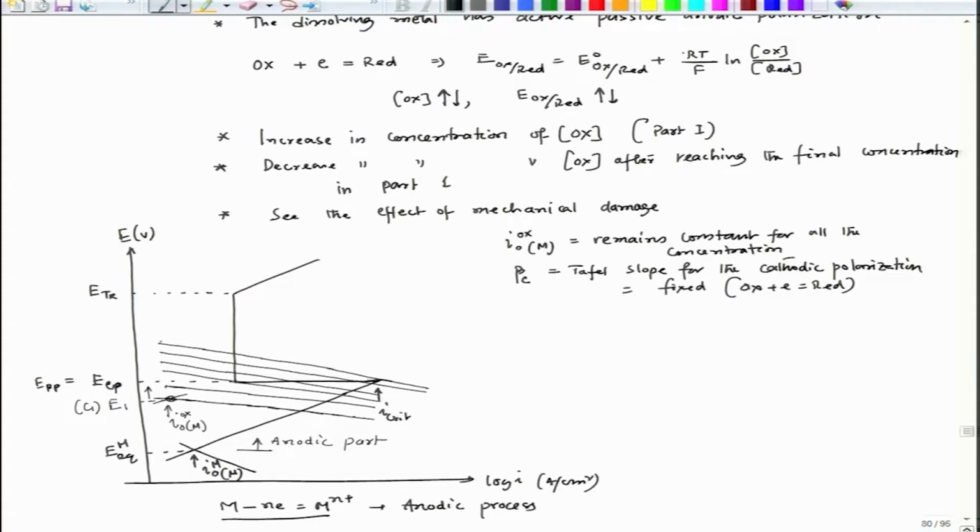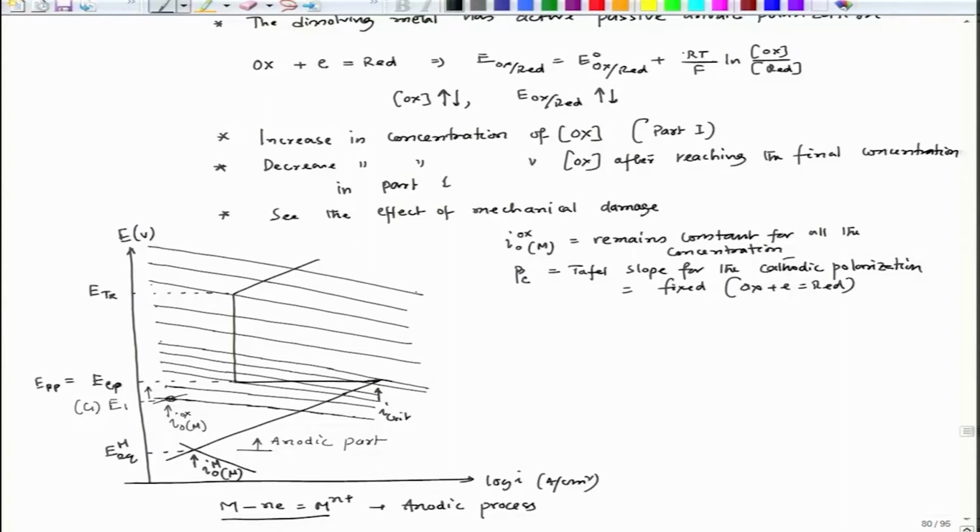This is the way it is moving. This is the seventh, eighth, ninth, tenth, and this is eleventh. So, we have taken 11 compositions.